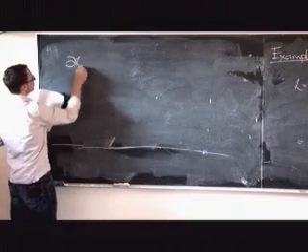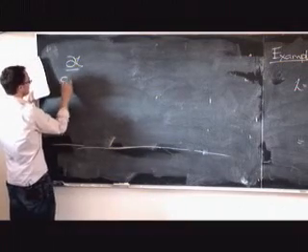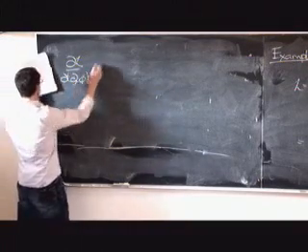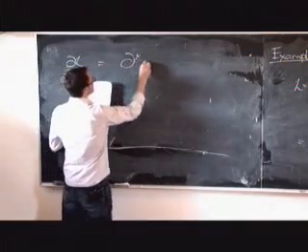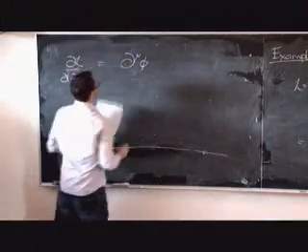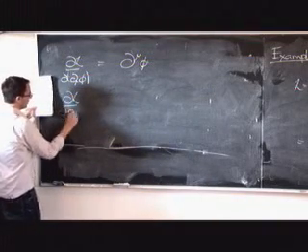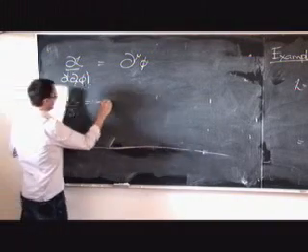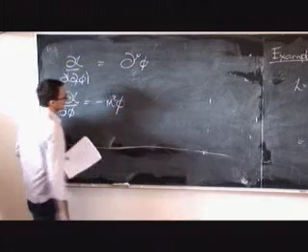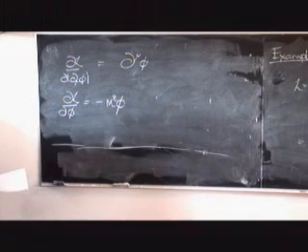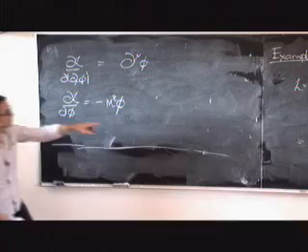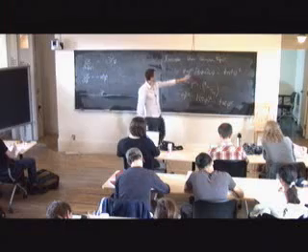Okay, so what are the two terms? Figuring out the two terms in the Euler-Lagrange equation, you just have to differentiate this.